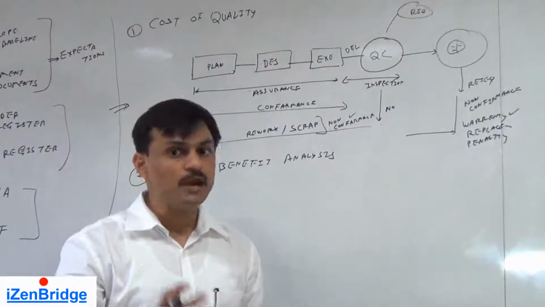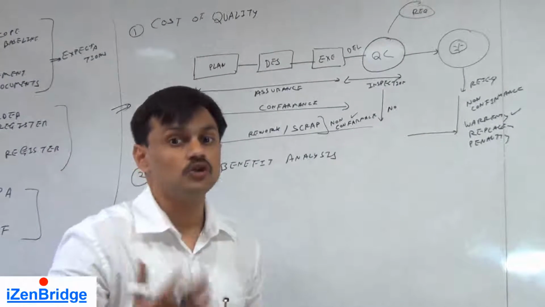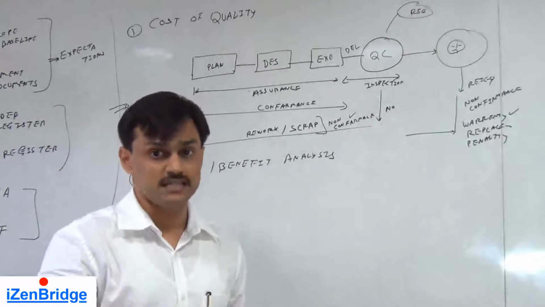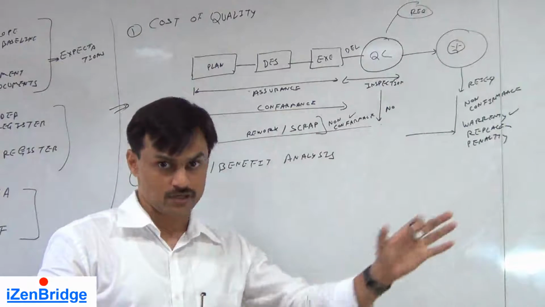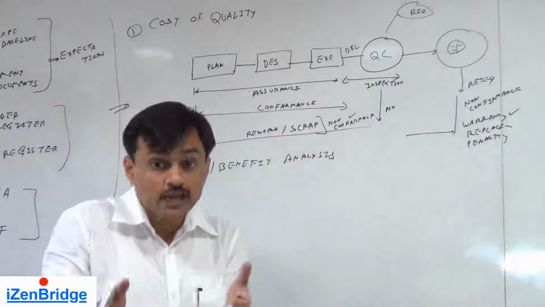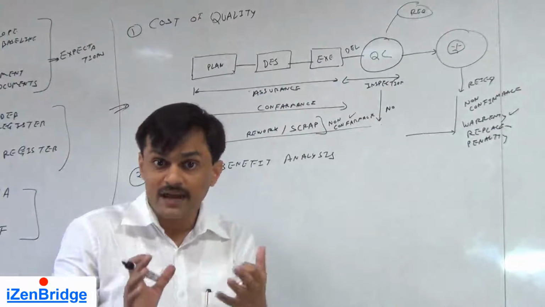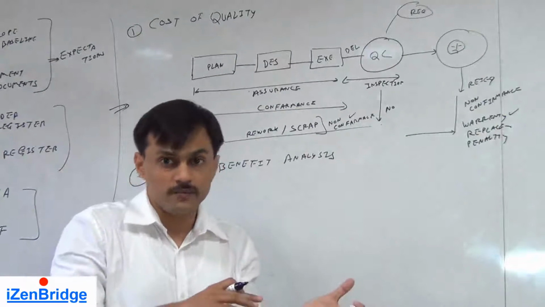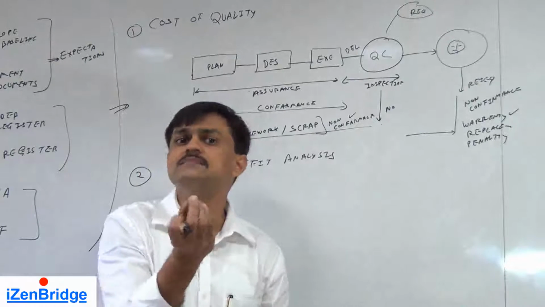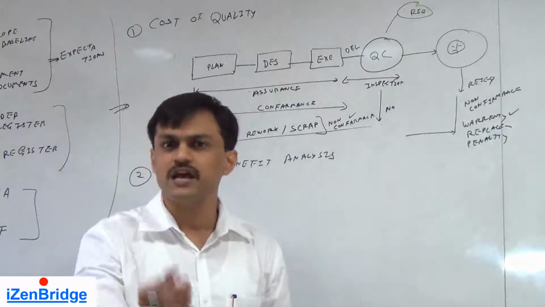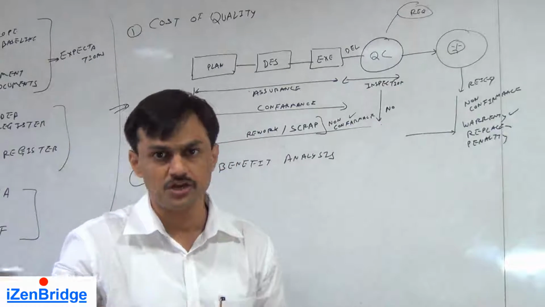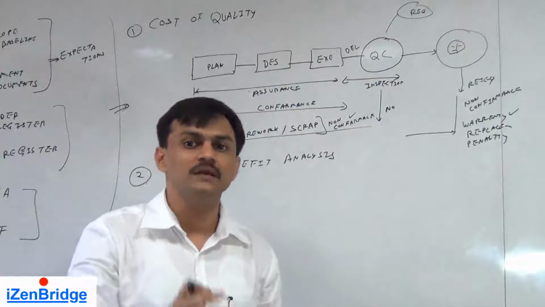Because you may not be able to spend 10 rounds of money in 10 rounds of testing for making sure that the customer does not get any defect out of our products, because here also you are spending money. It depends on what the cost of non-conformance is. If you are developing a simple product, for example a website that is not a mission critical application, your non-conformance cost may not be that high.